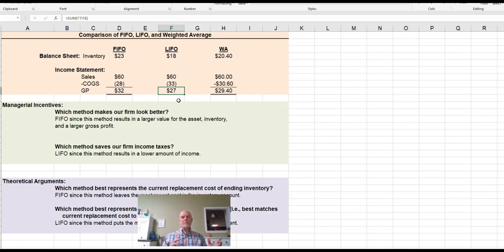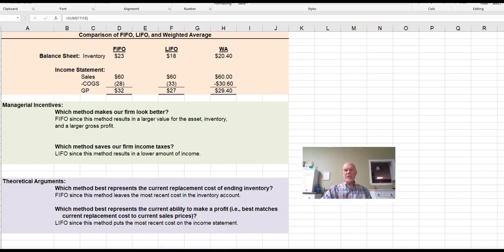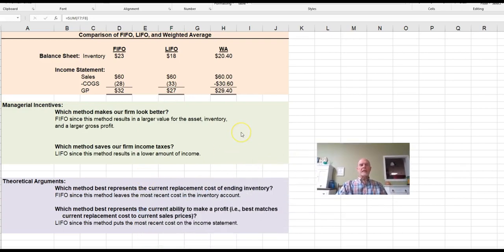Well, there are reasons why companies might use Fifo versus Lifo. These are summarized in the chapter. Let me just walk you through it real quickly. As a result of the arguments in favor of Fifo and Lifo, the end result is the rule is you got to pick one.